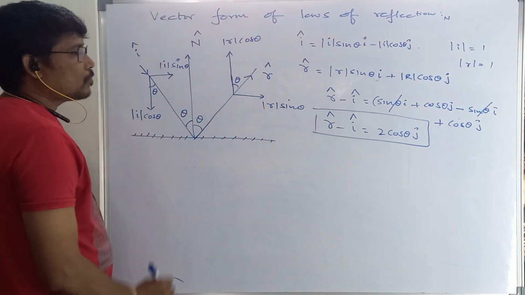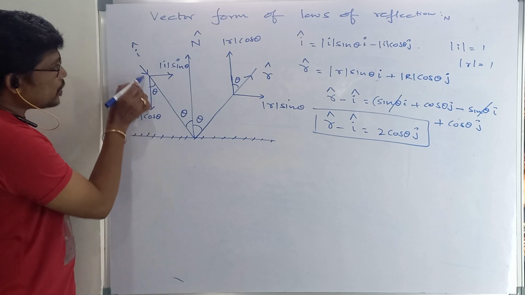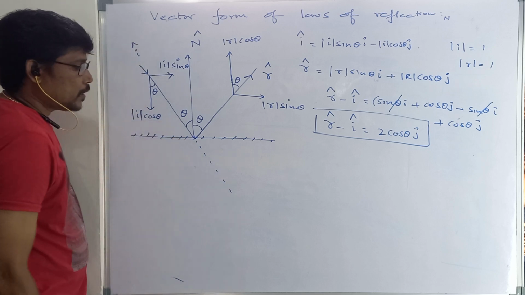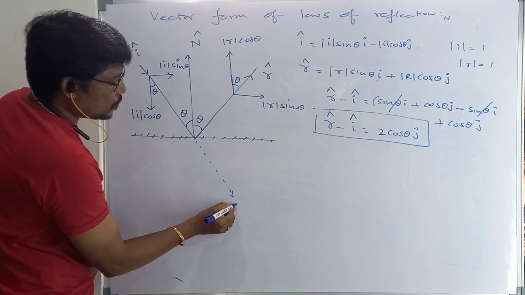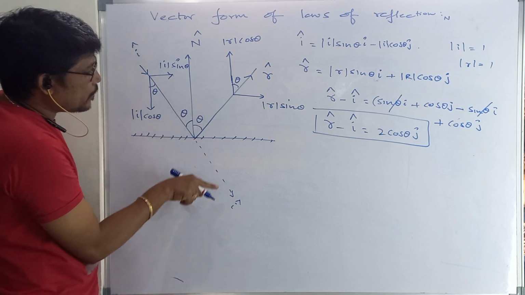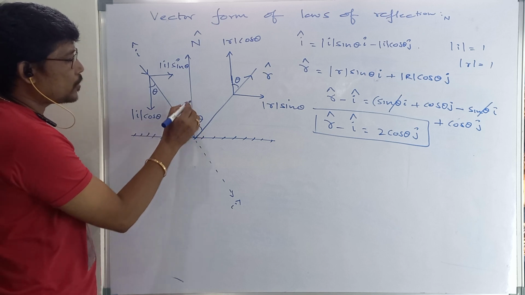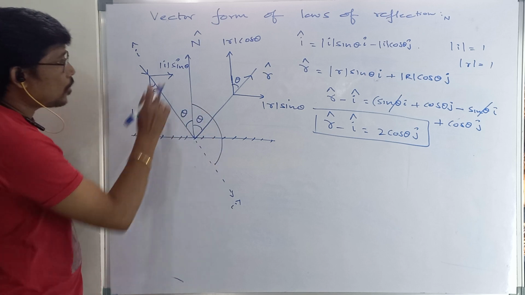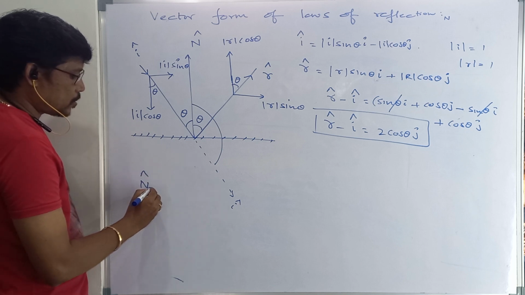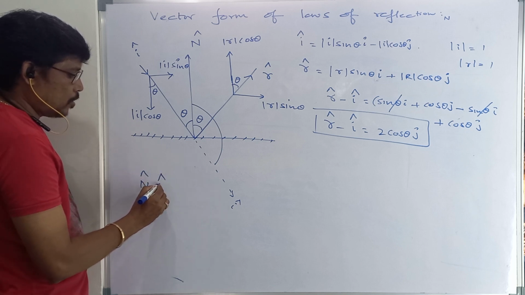Right? Now, if you extend this incident vector in this direction, so this is incident vector. Now the angle between this normal and the incident vector. See the angle between the normal and incident vector. Normal is n cap and incident vector is I cap.